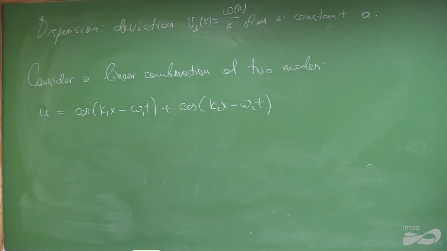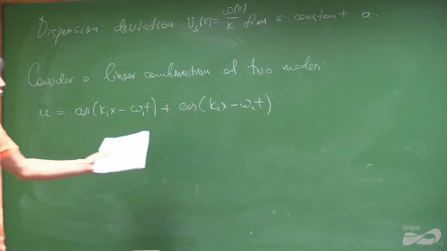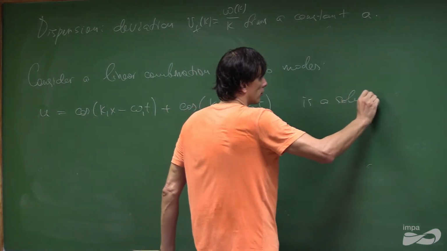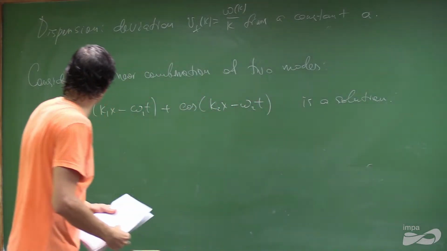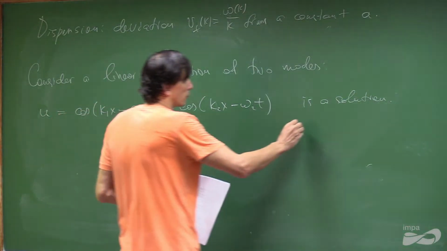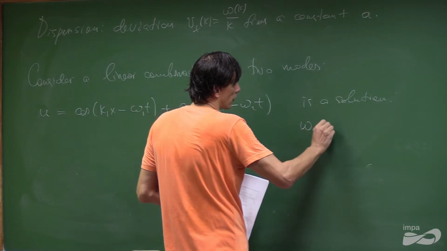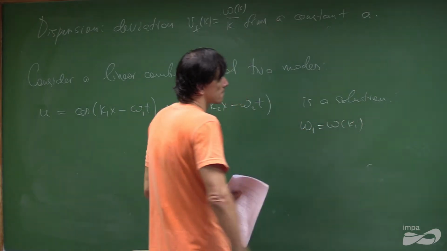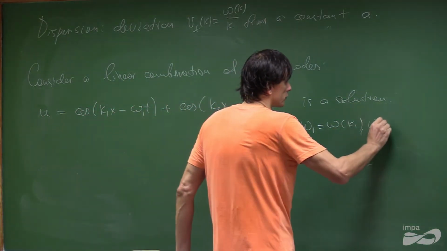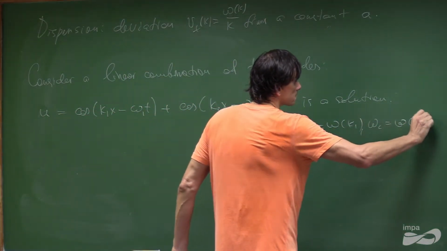So okay, this is a solution, because each of them is a solution. What we have here is that omega 1 is the frequency corresponding to k1, and omega 2 is the frequency corresponding to k2. Good.